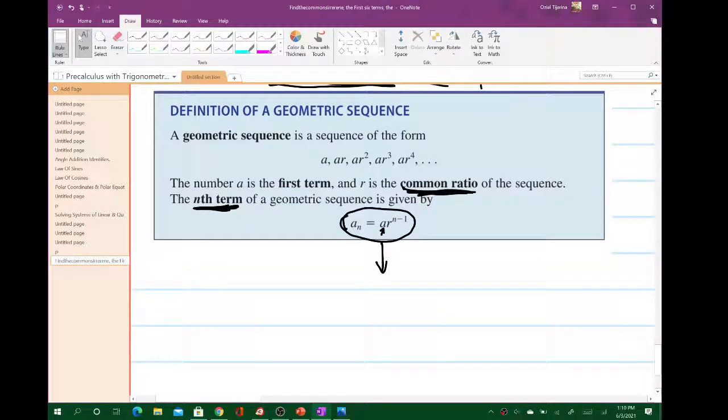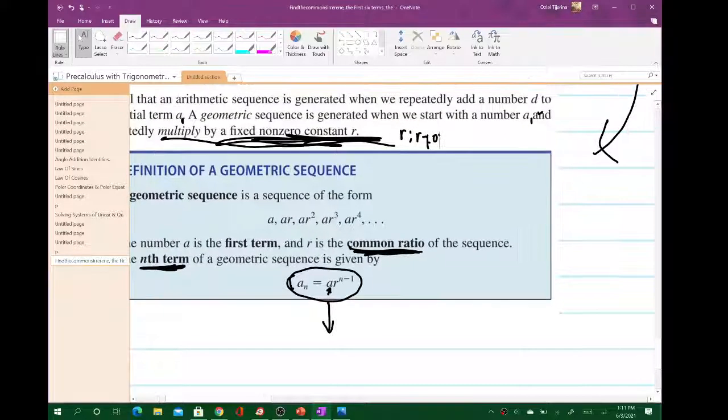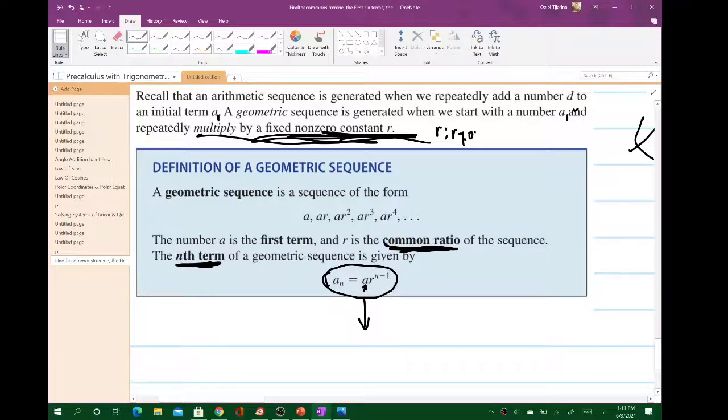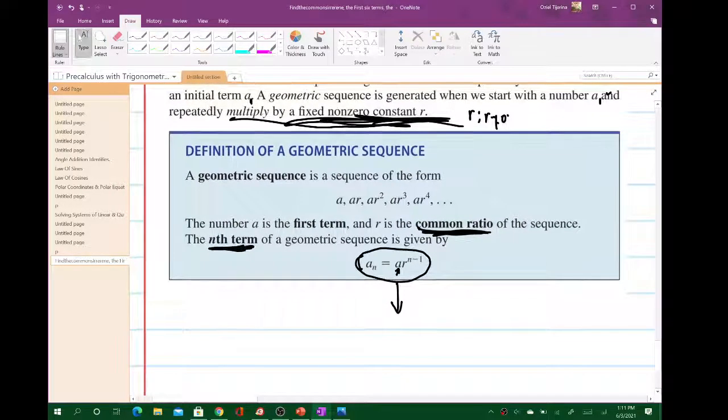So it says a geometric sequence is a sequence of the form a, ar, ar squared, ar cubed, ar to the fourth, etc. The number a is the first term, so basically a sub 1, and r is the common ratio of the sequence.